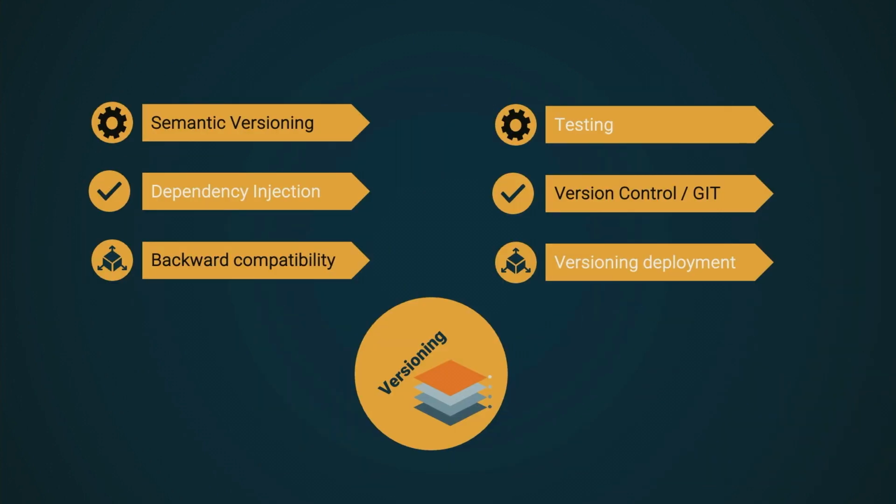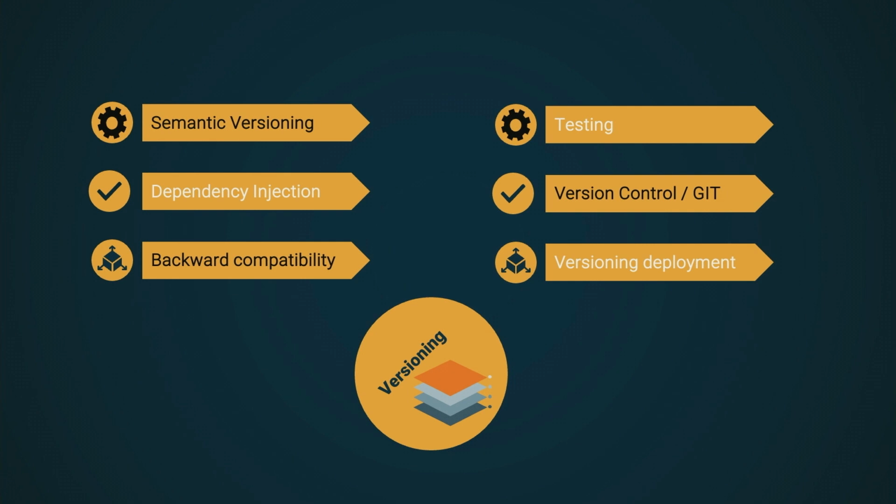Versioning is important. You have to use semantic versioning: 3 numbers for a major, minor, and patch release, so you know how much impact one release has. Dependency injection: with module federation, you can inject your micro frontends in a dynamic way.